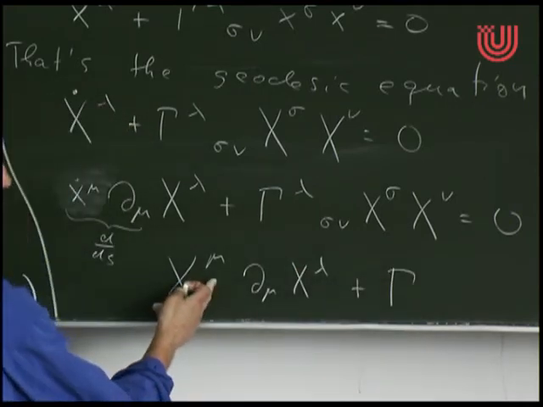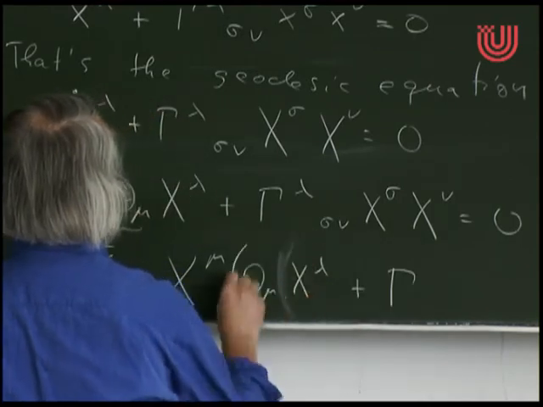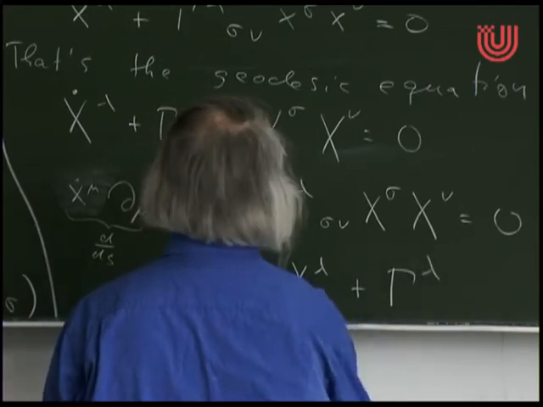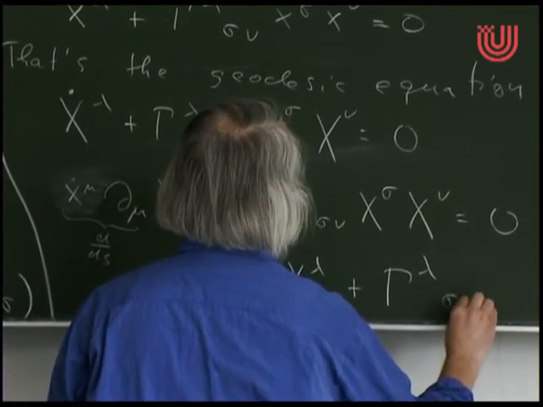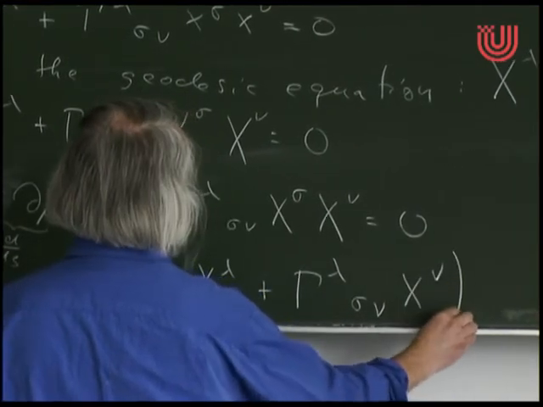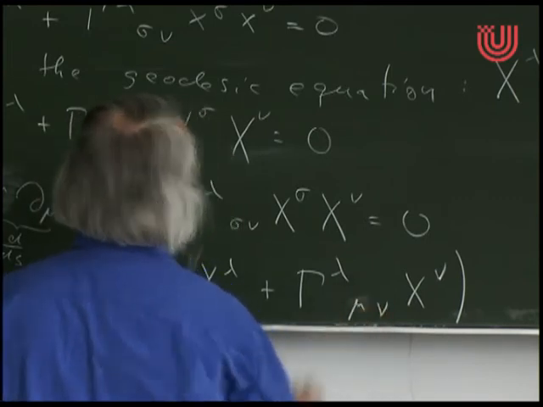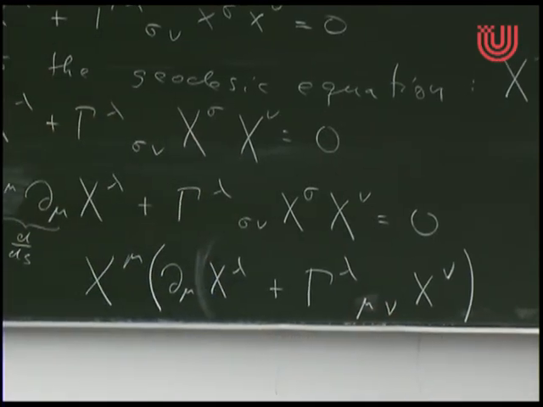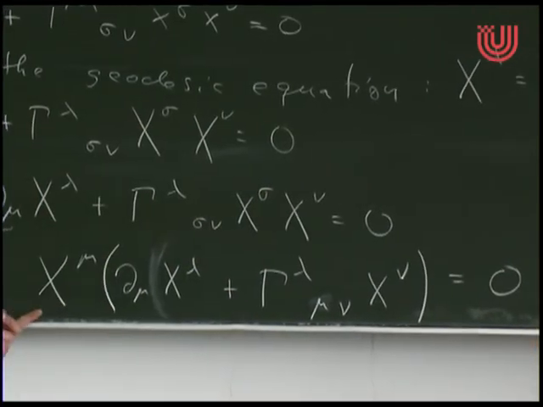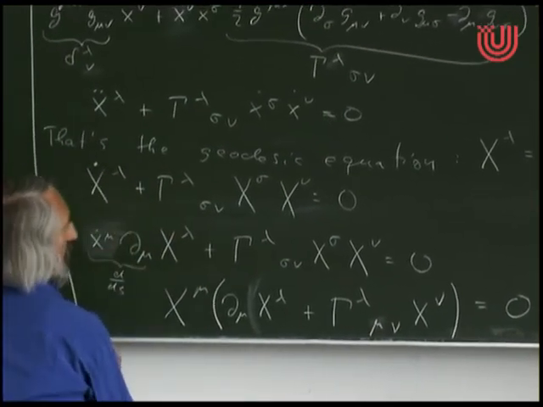I could make one of the two indices into a μ: Γ^λ_{σν} X^ν, and the σ is now a μ, X^μ. This is 0. And now I hope everybody sees that this is parallel transport, because this is a covariant derivative.